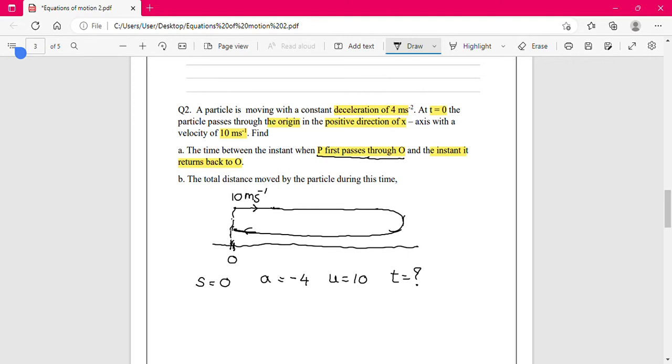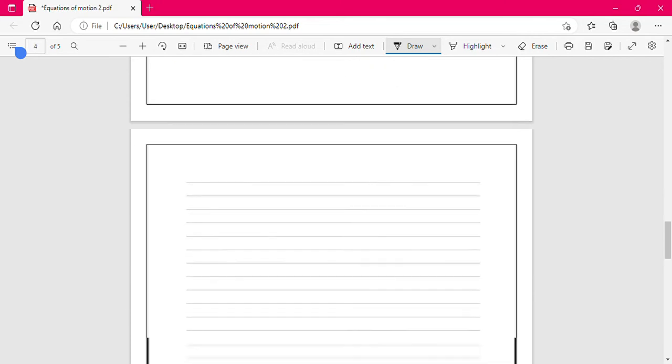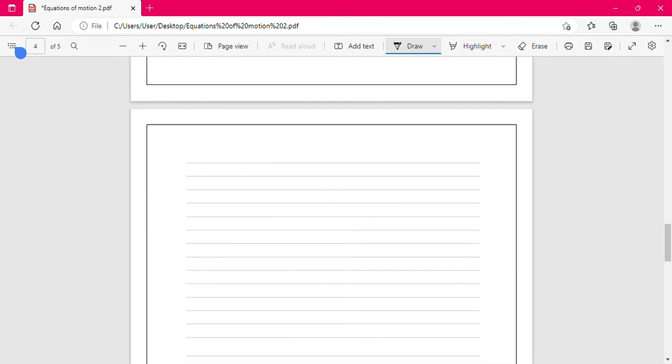So which is the best suitable equation here which relates S, A, U and T? Obviously S is equal to ut plus half at square.